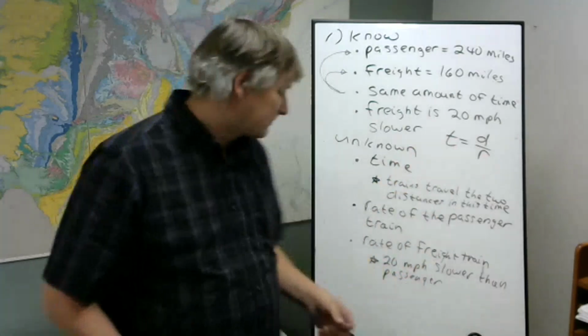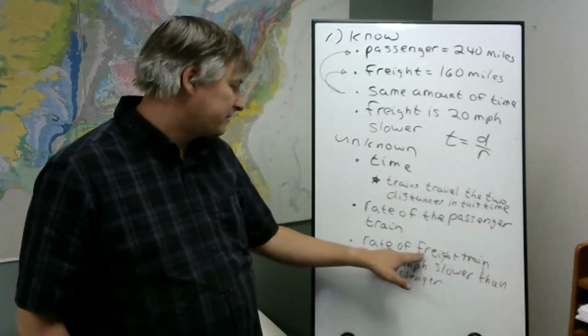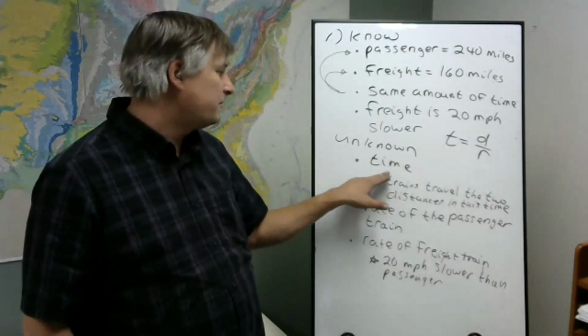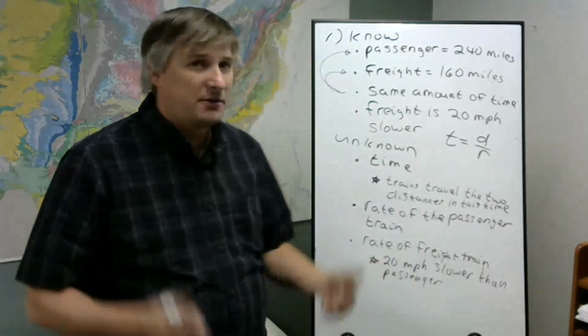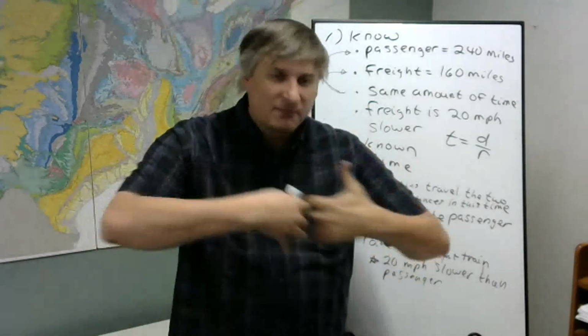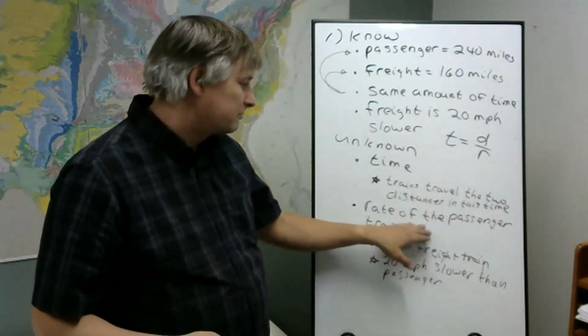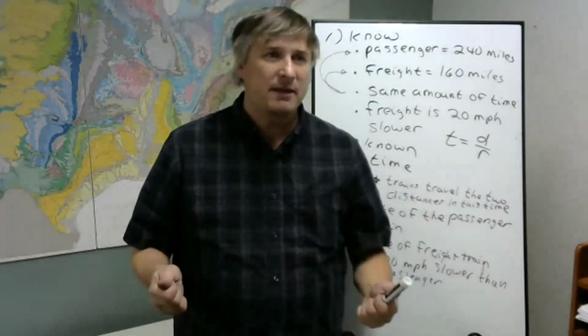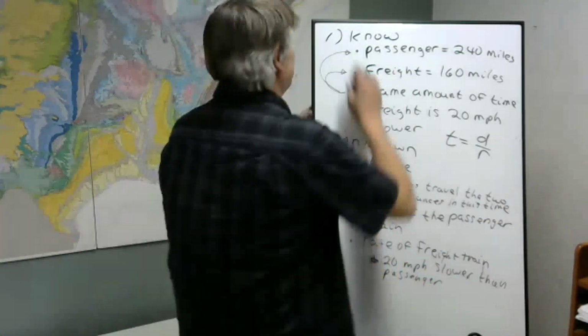So here's the thing. If we find the rate of the passenger train, we'll easily find the rate of the freight train, and we'll find out how long these two trains were traveling for. So the domino that sets everything else in motion, so to speak, is the rate of the passenger train. We find that, we're going to find everything else. So let's solve for that.